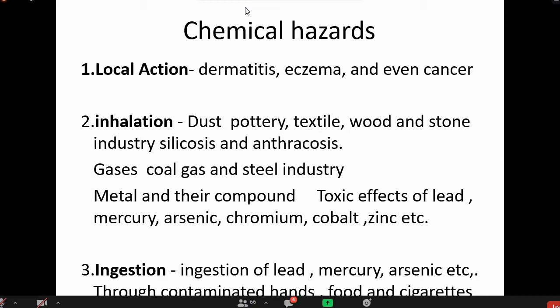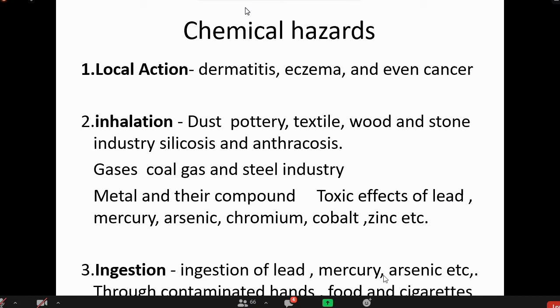Otherwise, inhalation would be when we are working in pottery, in different marble factories or steel factories, right? So it would produce inhalational effects, or for example, we have different toxic effects of lead, mercury, arsenic, chromium, and all.